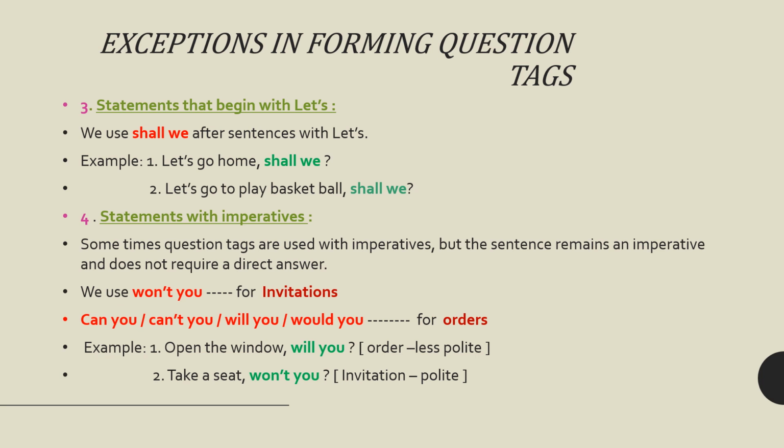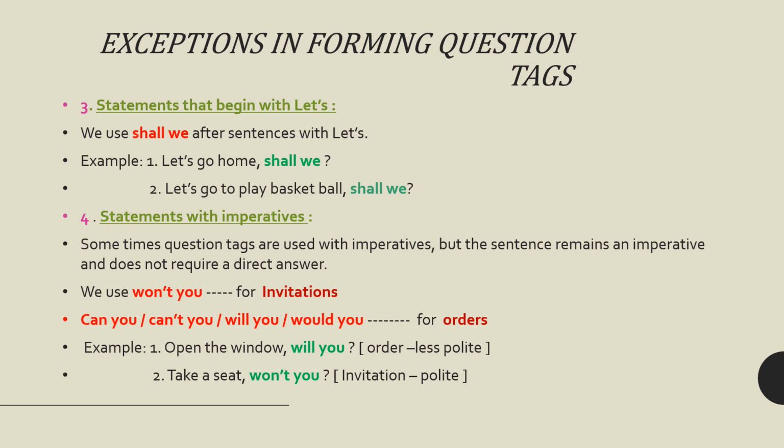Fourth, statements with imperatives. Sometimes question tags are used with imperatives, but the sentence remains an imperative and does not require a direct answer. We use "won't you" for invitations, and "can you," "can't you," "will you" or "would you" for orders. Example: "Open the window, will you?"